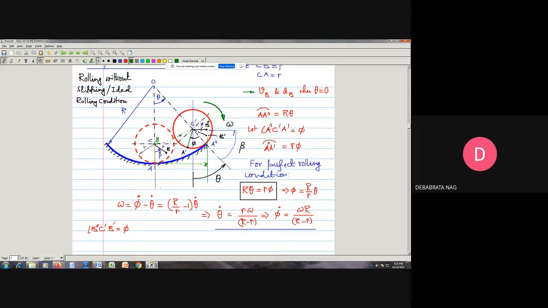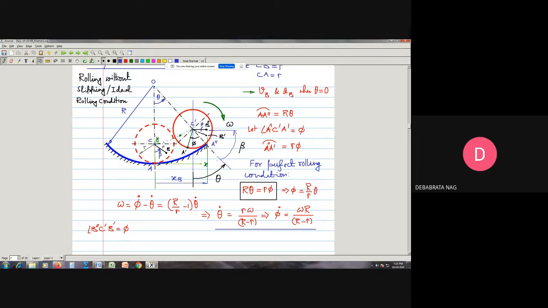So the distance between these two lines is going to be equal to our XB. So how are we going to calculate this XB? Now that is simple.